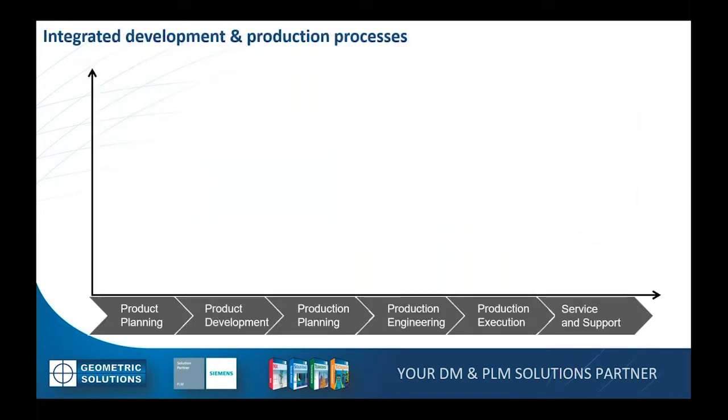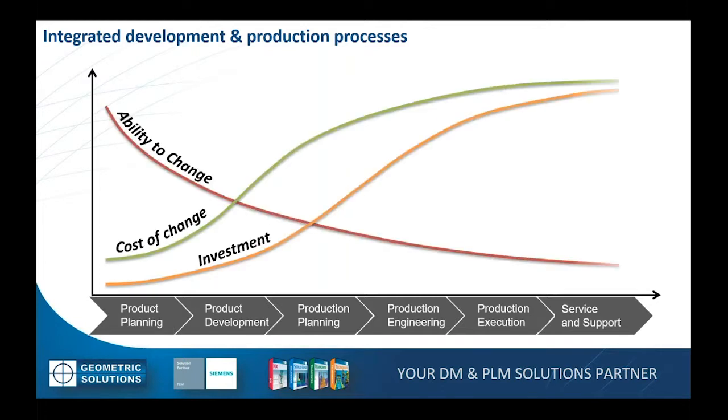If we look at a standard timeline, on the left we have a concept, and you finally go through product engineering and production engineering, and then you get into executing it on the plant floor. The ability to change is easy when it's up front, it's all electrons, and the cost of the change is a lot cheaper. Once it's in production, it costs more to change it, and I've already invested some materials in the tooling and such.